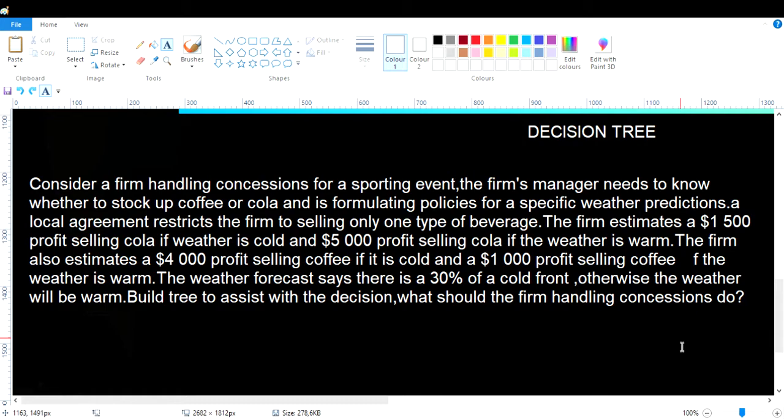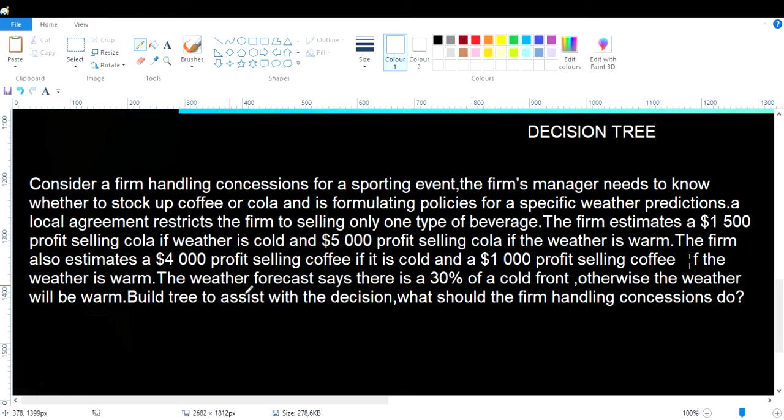The firm also estimates a $4,000 profit selling coffee if it is cold, and a $1,000 profit selling coffee if weather is warm.